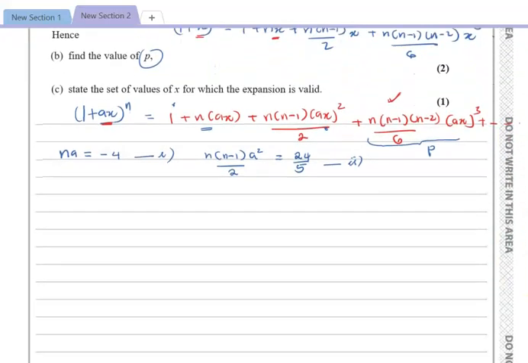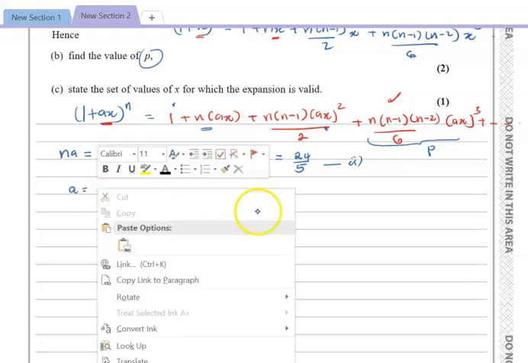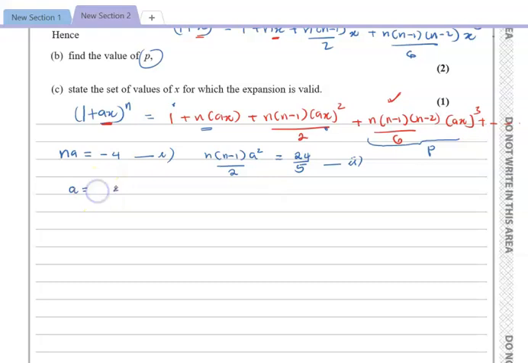Now we need to solve these equations. We have na, and then n and a in the equations. So what I'll do here is make a the subject, so a is equal to minus 4 over n.